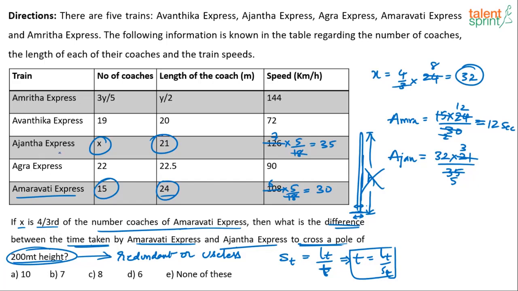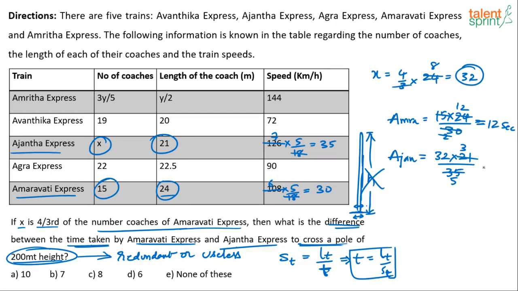Yes or no? Did we get X correctly? 24 by 3 is 8, 8 into 4 is 32. So length of Ajanta is 32 into 21 divided by speed of Ajanta, 126 into 5 by 18, right? 35, yeah. 7, 3, 7 5s. 32 into 3 is 96, 96 by 5.